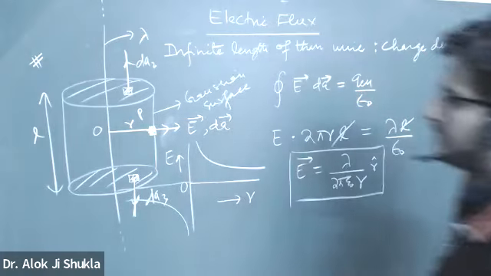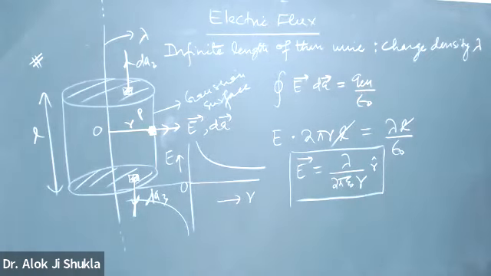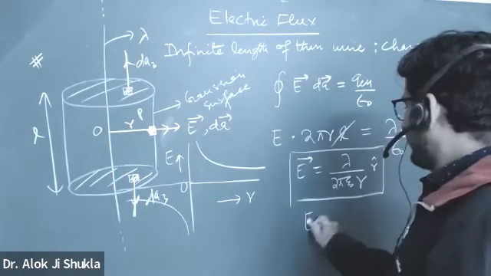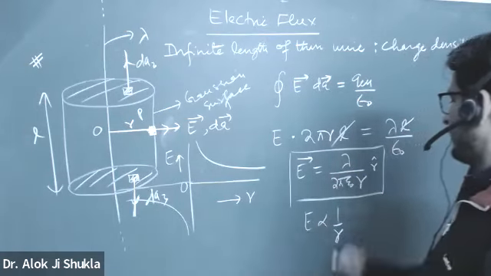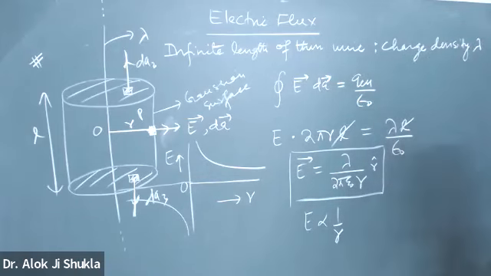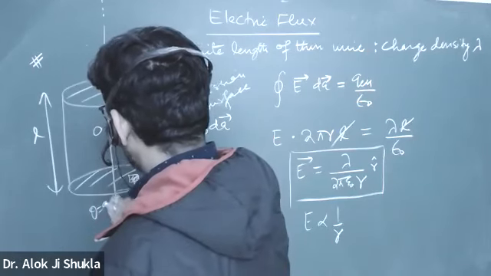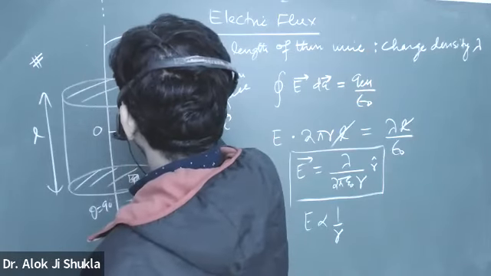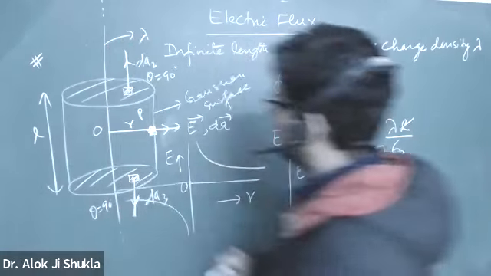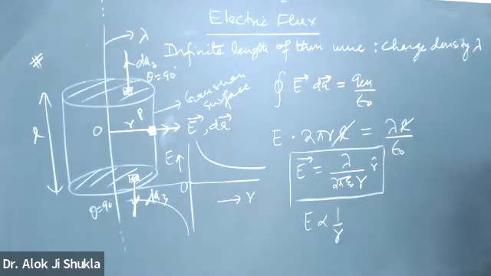This will be the field, because electric field goes like 1 by r. Here theta is 90, here also theta is 90, so cos 90 will be 0. इसलिए no contribution to the flux.